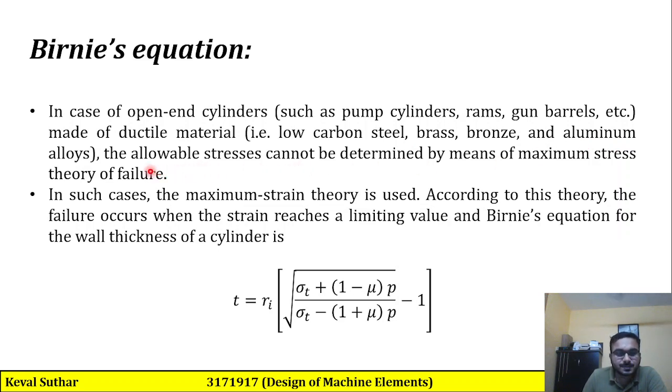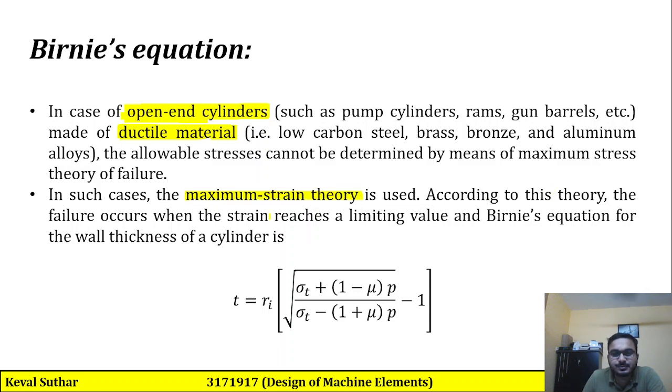In such cases, the allowable stresses cannot be determined by means of maximum stress theory of failure. So for that case, maximum strain theory is used. So you need to remember this, that in case of open end cylinders which are made of ductile material, in this case we use maximum strain theory.